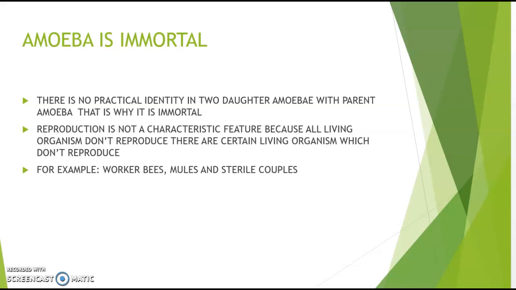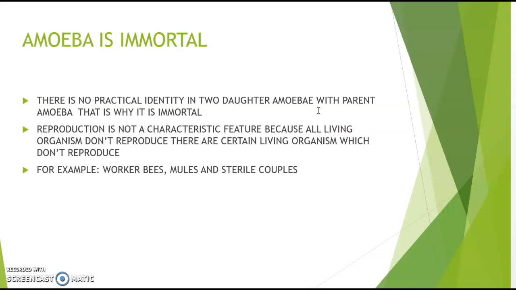Now again we have to check whether reproduction is a characteristic feature or not. Here I just want to add one more thing: when we say that amoeba is a full-fledged parent amoeba, it is immortal. How is it immortal? In parent amoeba, when fission occurs, it forms exactly similar daughter amoebae, and there is no practical identity difference between the two amoebae and the parent, they are exactly similar to the parent identity.